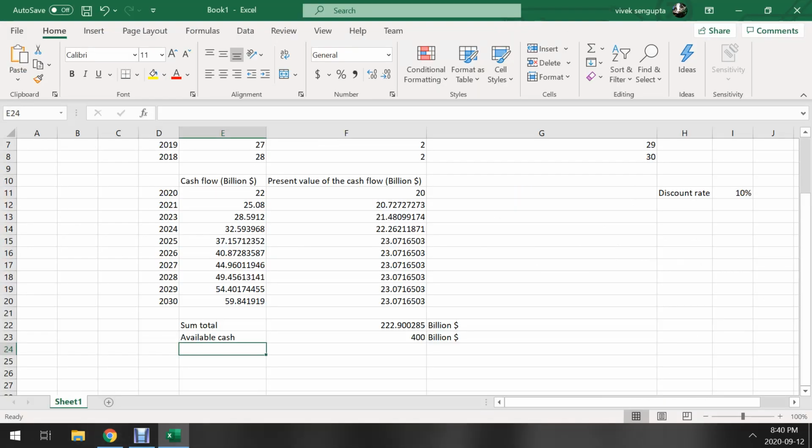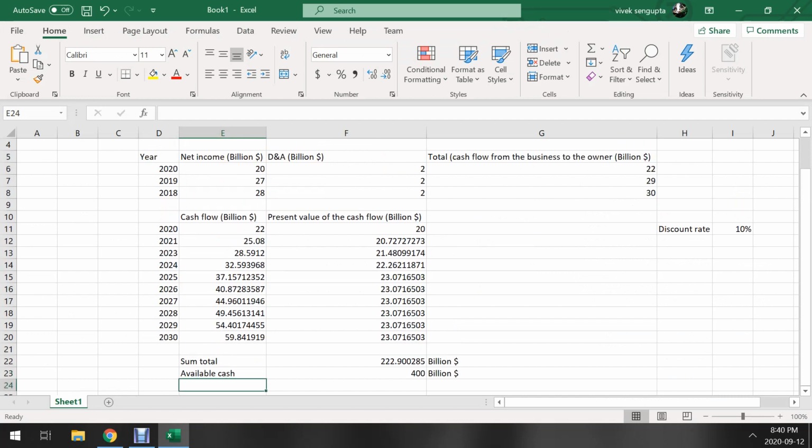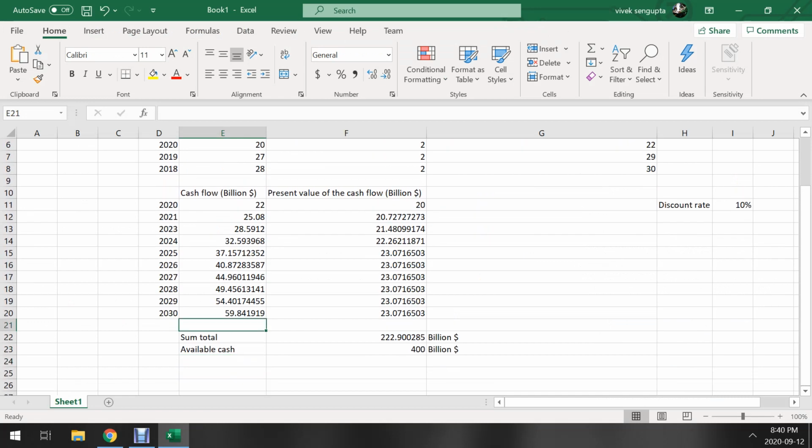That's a good amount of money because that is already there as of today, right? And let's say you held this bank for 10 years, and the bank is making money. At the end of 10 years, you want to sell this bank. Let's say this bank is trading at that time at 10 times its cash flow.